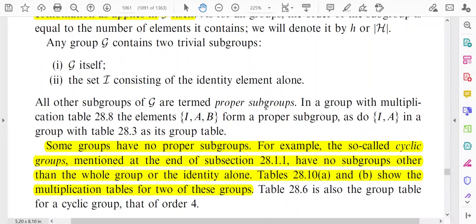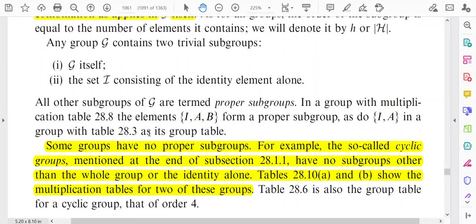For example, in a group with multiplication table 28.8, the elements I, A, B form a proper subgroup. So do I, A in a group with table 28.3.